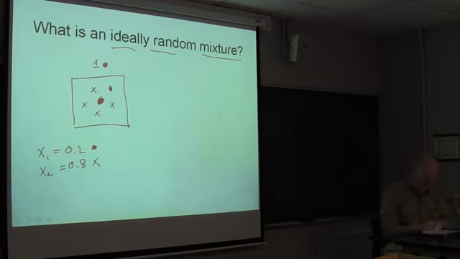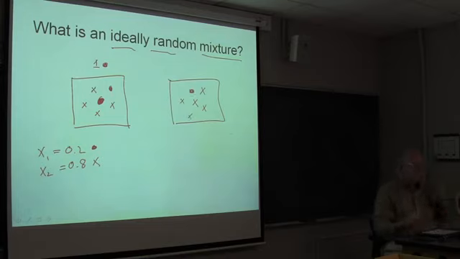And in the same mixture, a molecule of type 2, on average, would have the same kind of distribution. In a 50-50 mixture of 1 and 2, a molecule of type 1 would have 50% of its neighbors, on average, be type 1, and 50% be type 2.